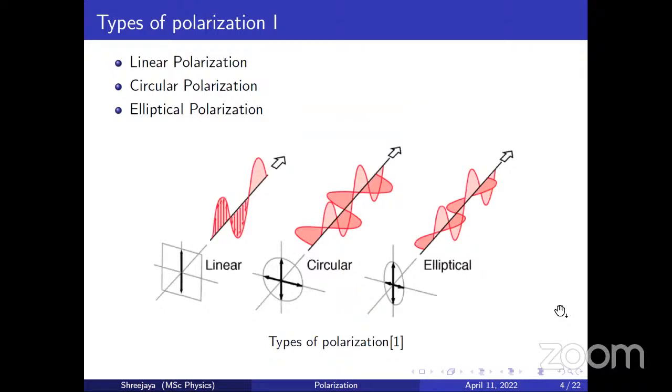So the types of polarization, there are three types: linear, circular, and elliptical. By linear, what I mean is we have two planes, each one of which has an electric field component.